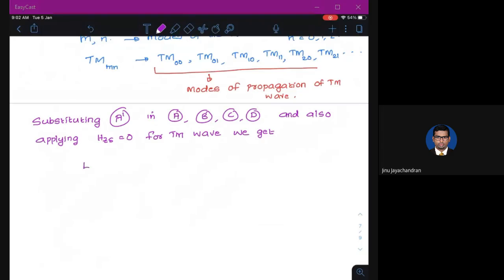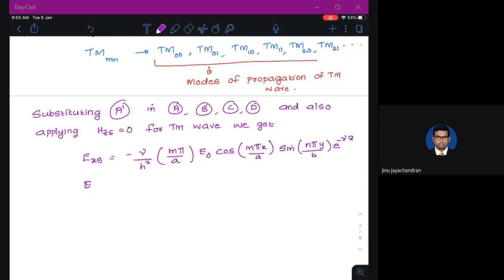You can write yourself. EZS is equal to minus gamma by h square m pi by a into E0 cos m pi x by a sine n pi y by b e raised to minus gamma z.